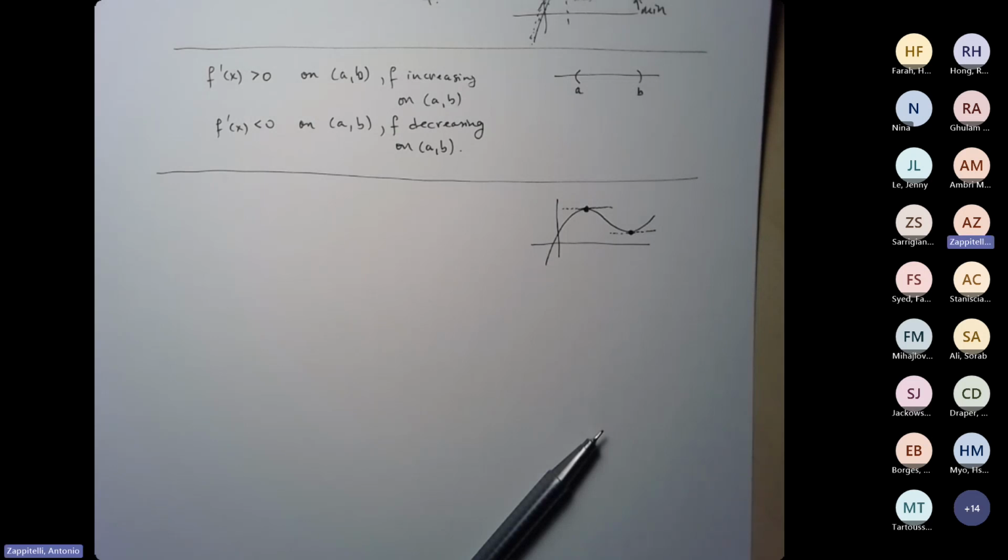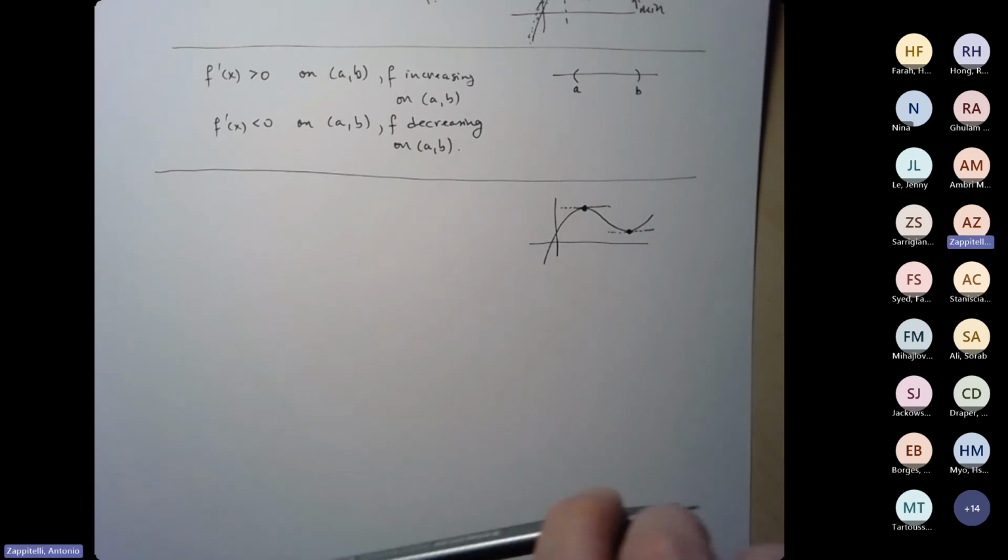Can anybody think of a function, a function you all know very well, where the derivative is 0 at a point, but there's no maximum or minimum? Can you think of a function that has that property? Linear.